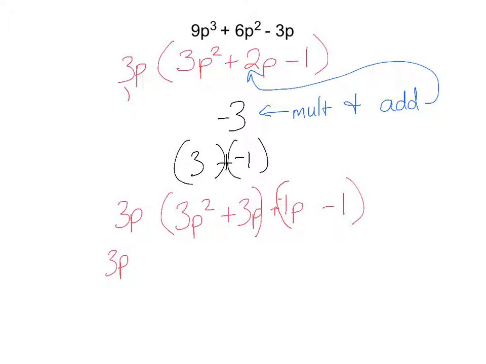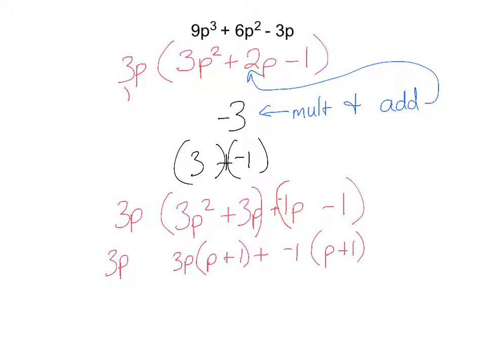And now pull out a GCF. On the first one, I can pull out a 3p, and I'll be left with a p plus 1, plus sign in the middle. On the next one, I can pull out a -1, and then I'd have a positive p plus 1 in parentheses.